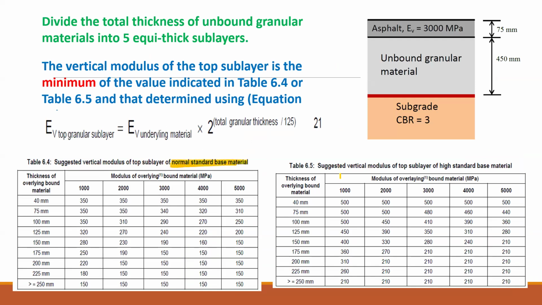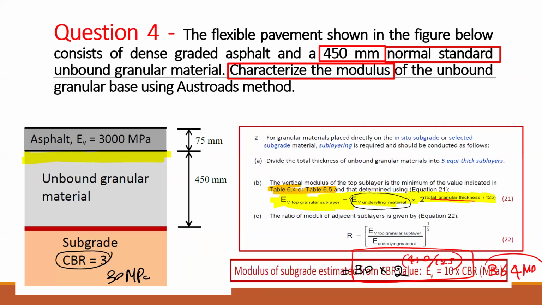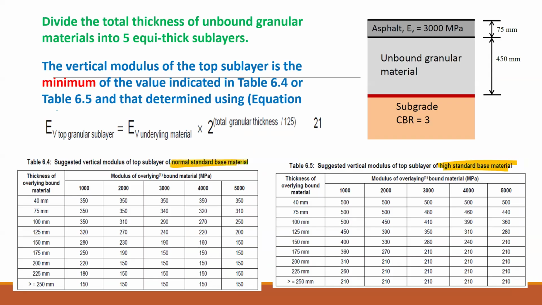The next one is for high standard materials. If you look at your question, it says normal standard. So we don't need this other table.